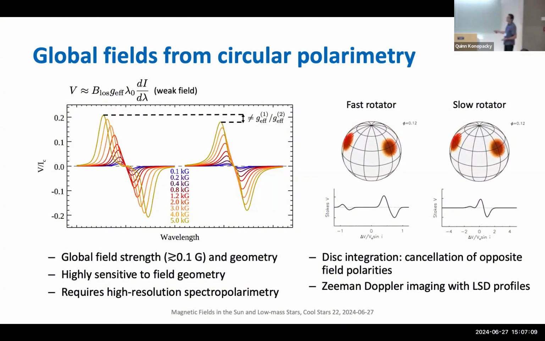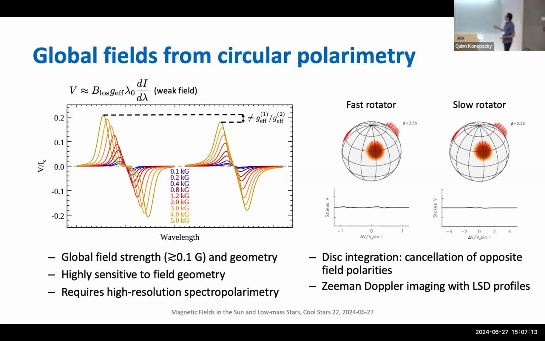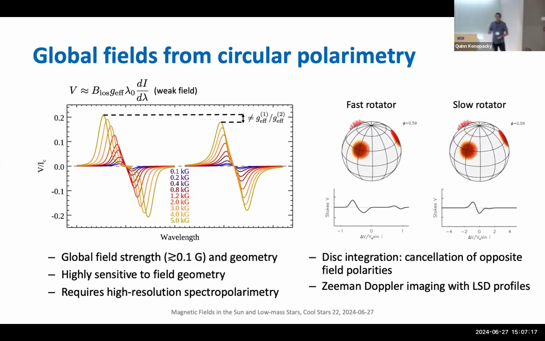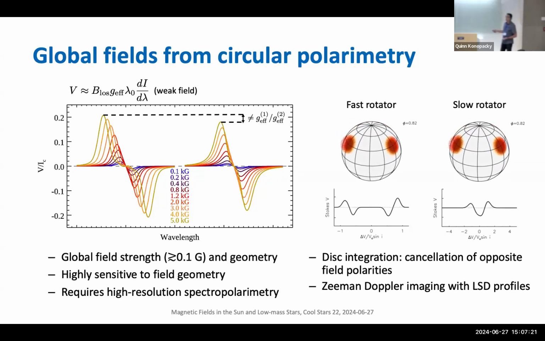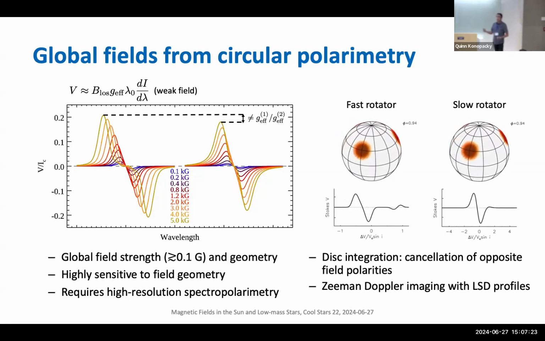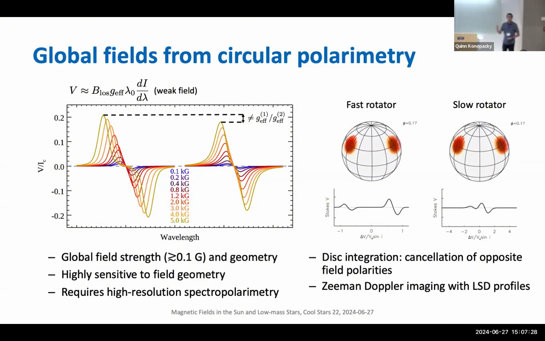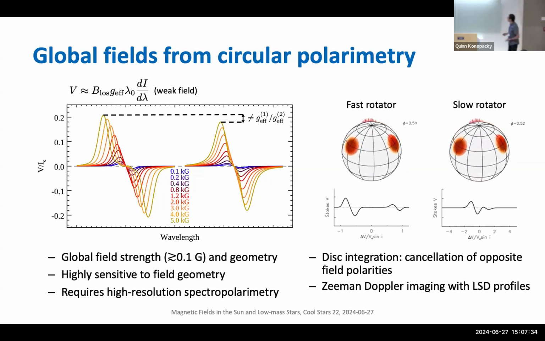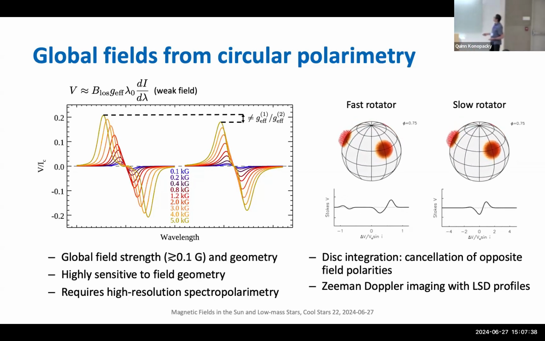I show these two movies to illustrate that even in the case of a slow rotator, so in this case, this v sin i is smaller than the line width, we still have very significant rotational modulation due to simply changing of the aspect angle at which the surface structure is seen by us. So D in ZDI is actually unnecessary sometimes. Of course, in this picture, we're still losing a lot of surface resolution.